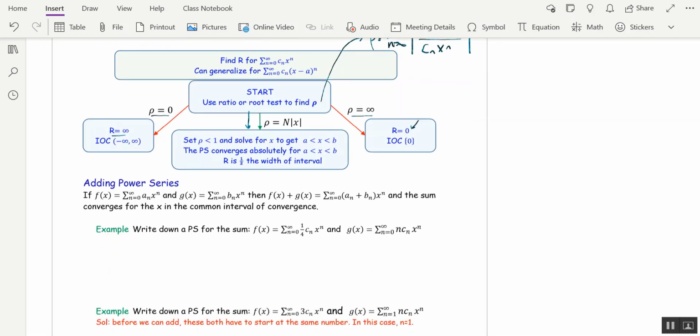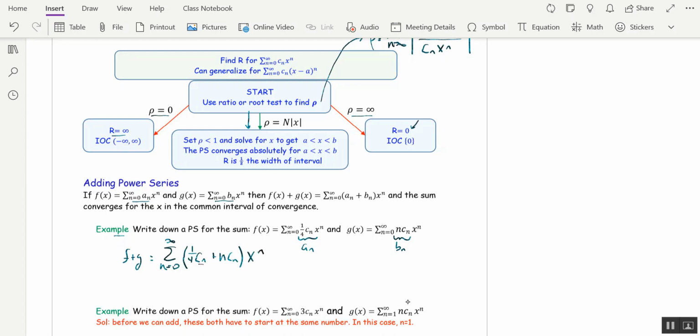If you have two power series and they both start at 0, you can combine them by simply adding their coefficients. So in this example right here, my an is 1/4 cn, and my bn is ncn. And so if I want to add f plus g, since they both start at 0, I can just go ahead and add 0 to infinity, 1/4 cn plus ncn, all times x to the n.